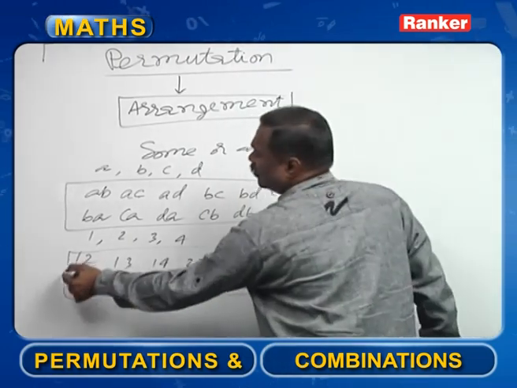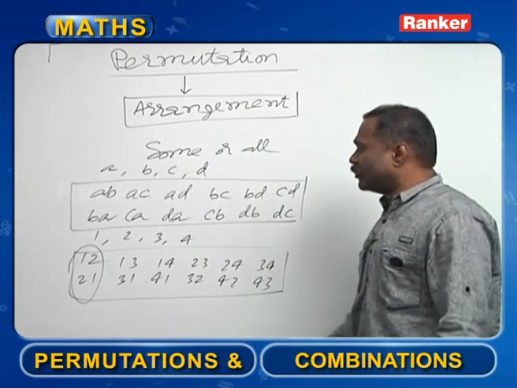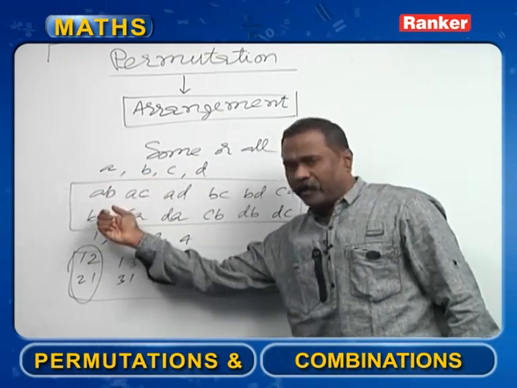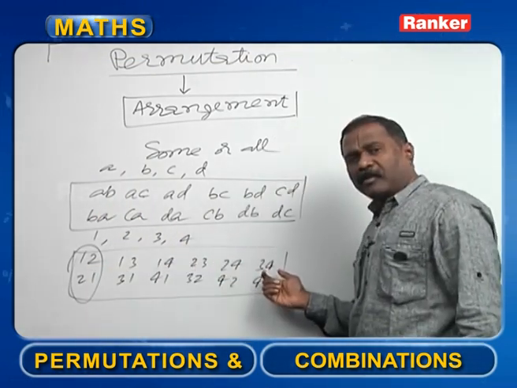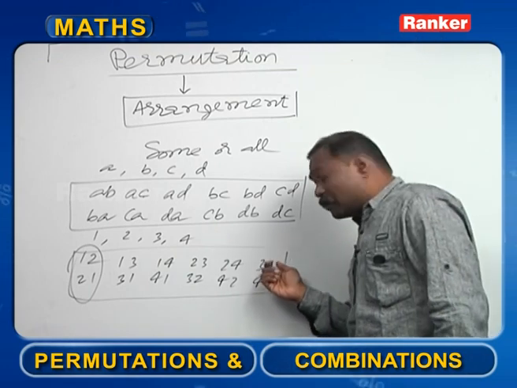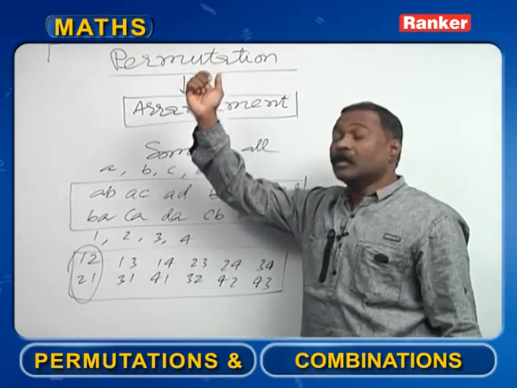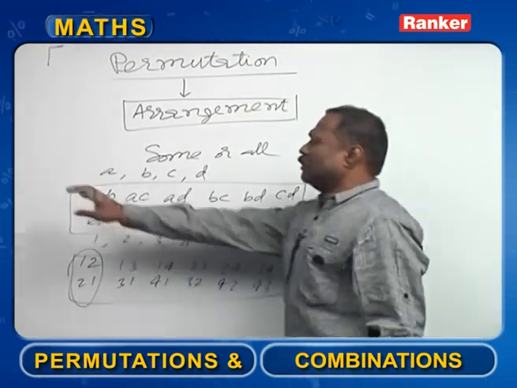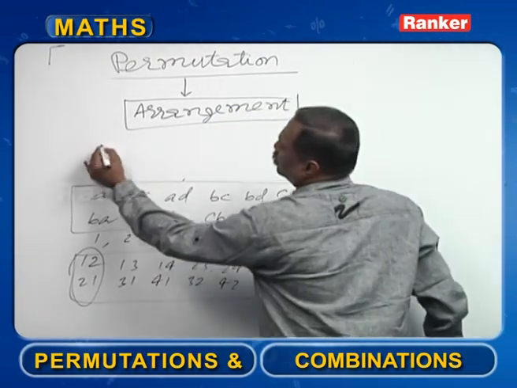So what is the important thing to be noted in a permutation arrangement? In the permutation, whenever you are choosing 2 things, AB, here also 1 2, here 3 4, the order of things is also to be taken into consideration. So the permutation involves the consideration of order of things also.